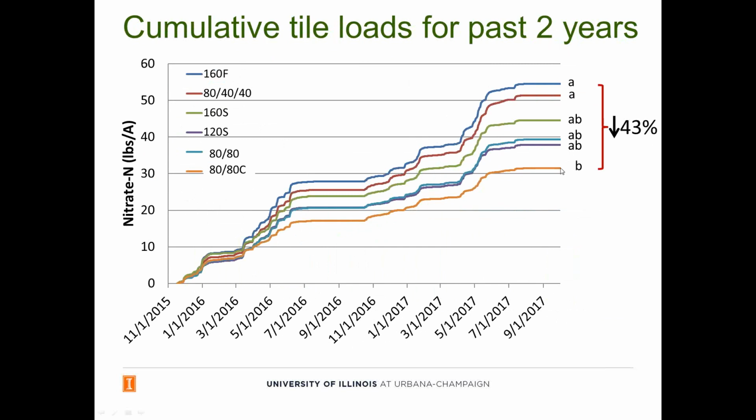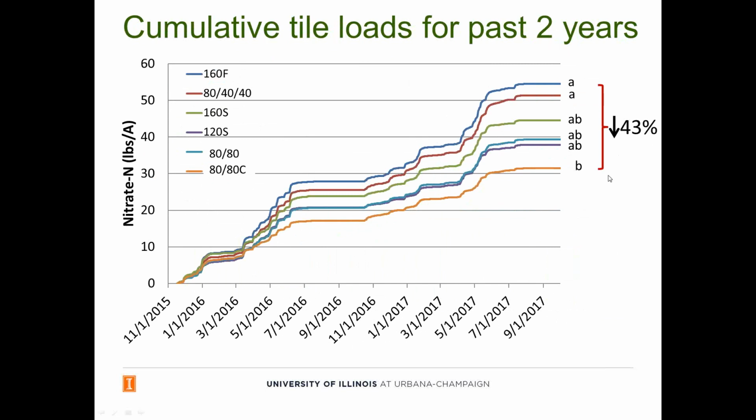The system that lost the least, about 31 pounds or 15 pounds per acre per year, was the treatment that had the split application, spring and side dress, with the cover crop, and it's the cereal rye effect that got us down here. So a very nice separation in just 2 years' time of those 6 treatments.